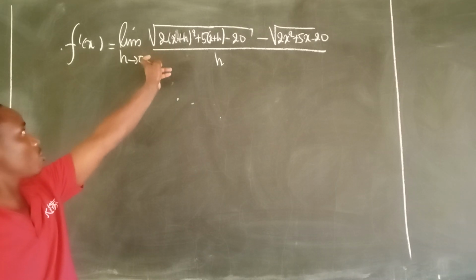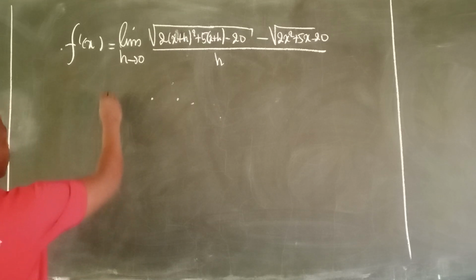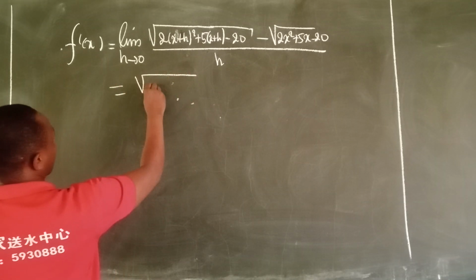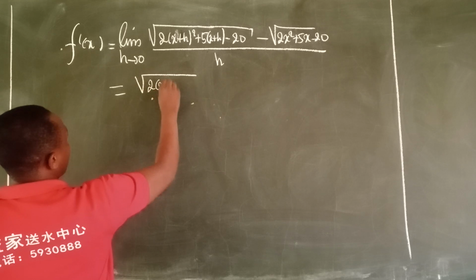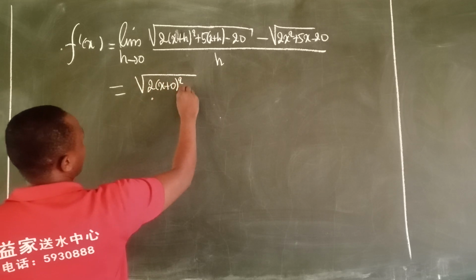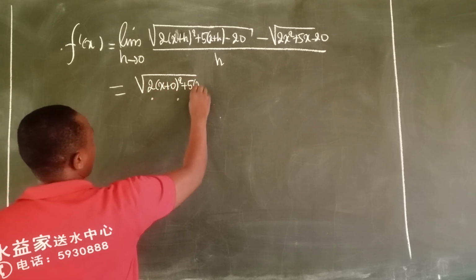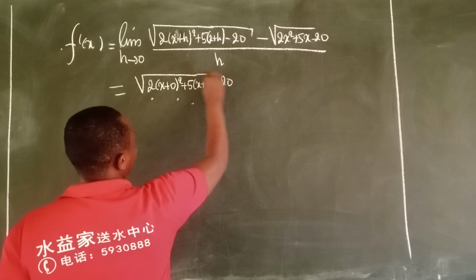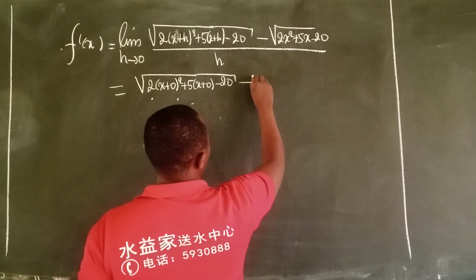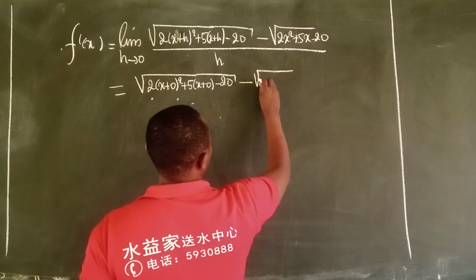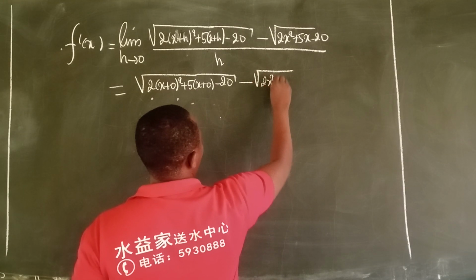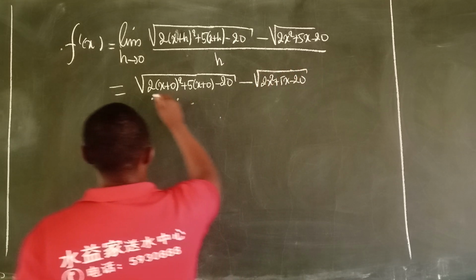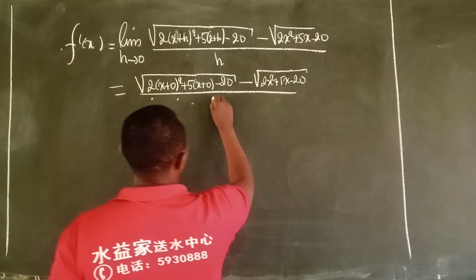If we replace h, which is equal to 0 here, we have the square root of 2 into (x plus 0) squared plus 5 into (x plus 0) minus 20, then minus the square root of 2x squared plus 5x minus 20, over h, which is 0.